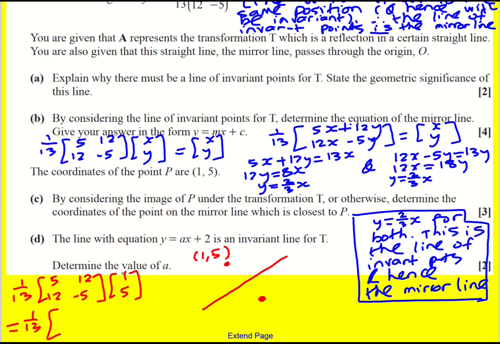So I'm going to get 1 over 13, and it's 5 plus 60, so 65. And then 12 minus 25 gives me minus 13, which takes me to 5, -1. That is going to be my image.